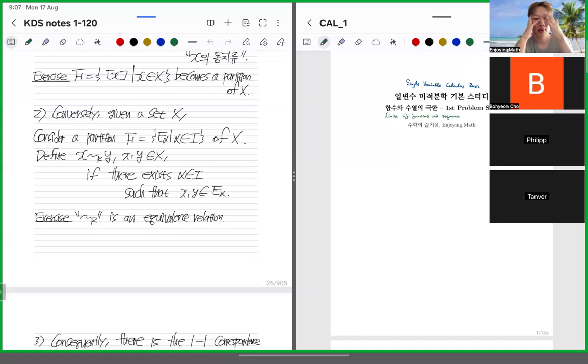Actually, we can get a reflexive relation. If we just construct it based on the small set, we can construct an equivalence. Yeah, it's possible actually.